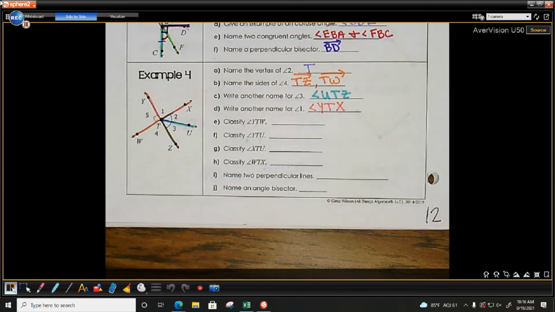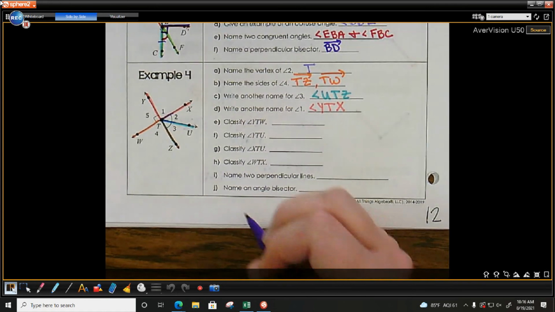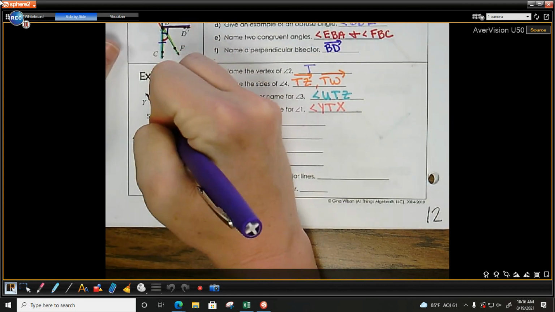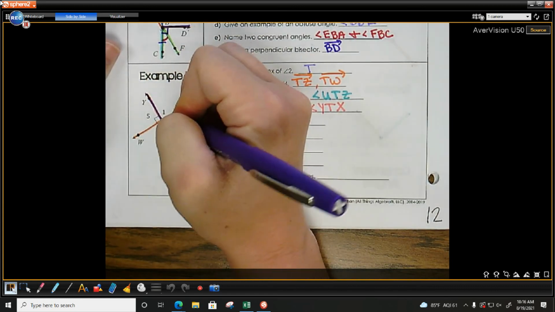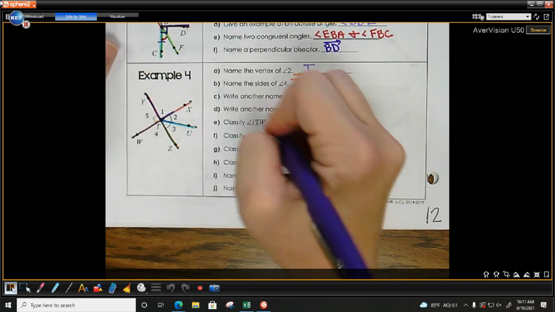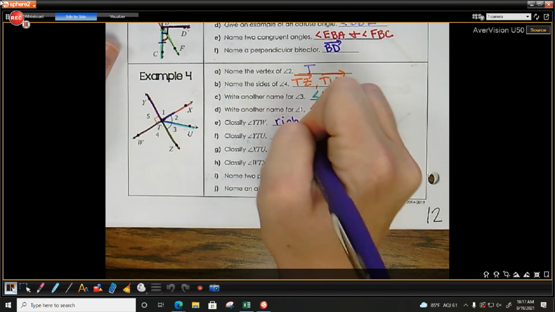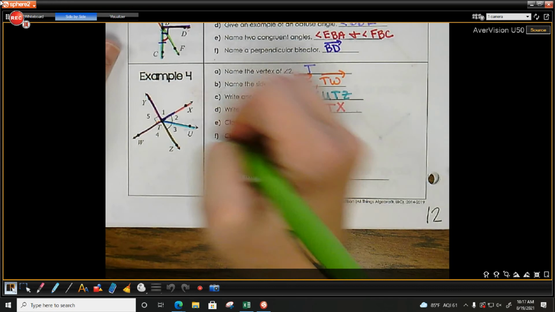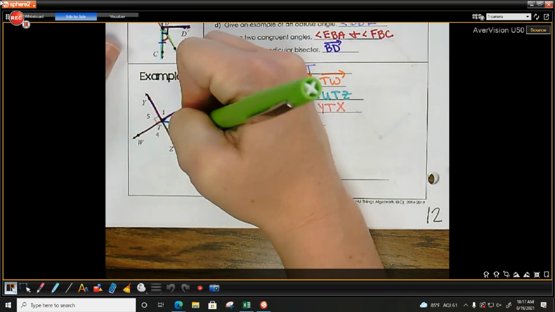Classify YTW. I went the wrong way. That's a right angle. YTU is obtuse. It's more than 90.